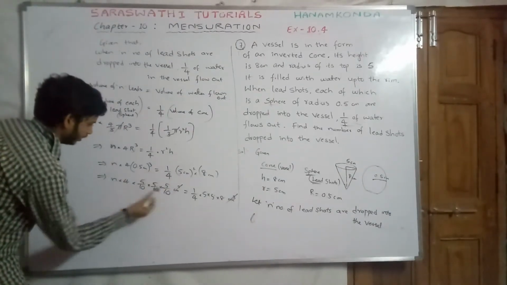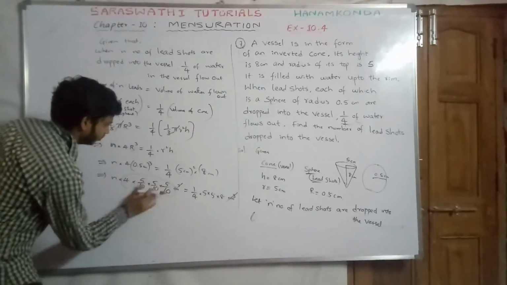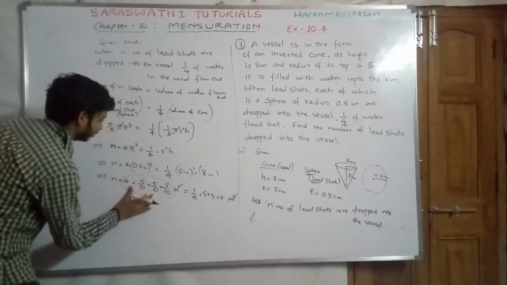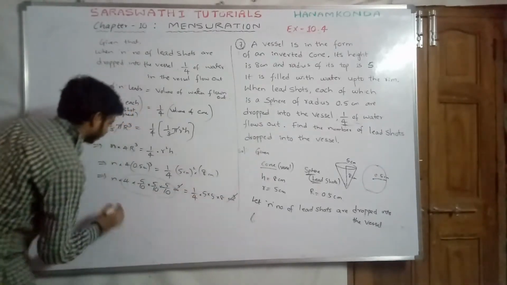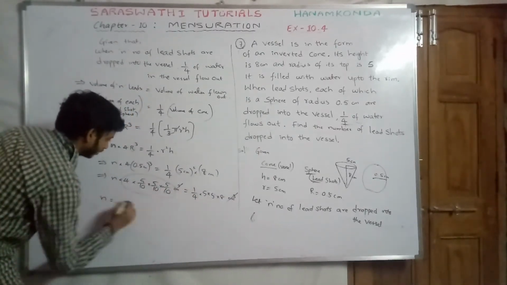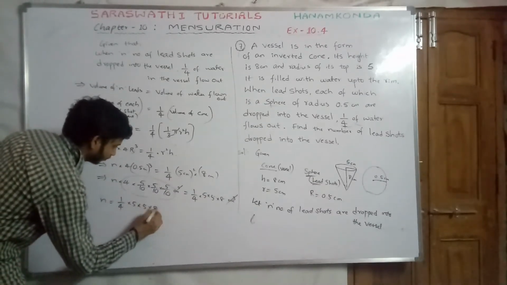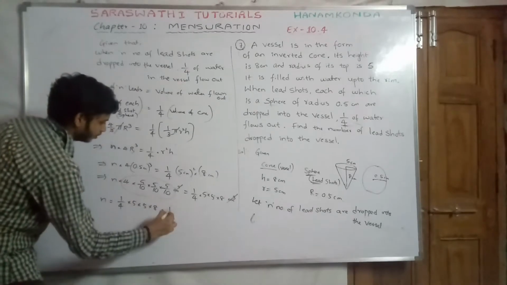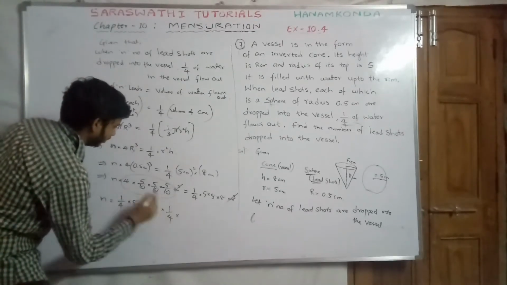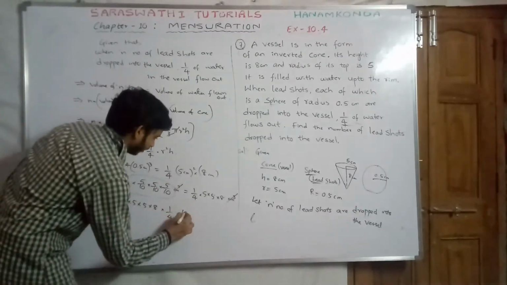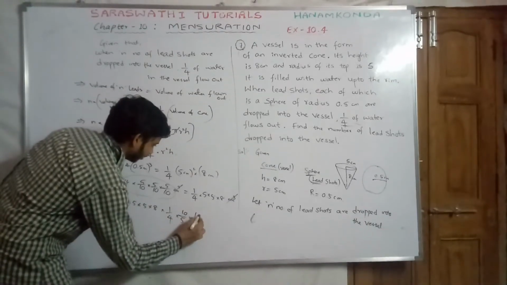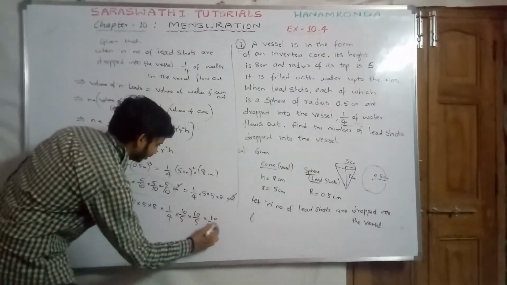Now all these terms should be shifted to the right side, that means divided on the right side. So n equals 1 by 4 into 5 into 5 into 8, and 5 by 10 becomes 10 by 5, similarly again 5 by 10 becomes 10 by 5, and again 10 by 5.